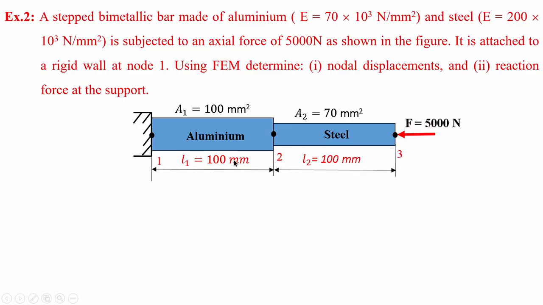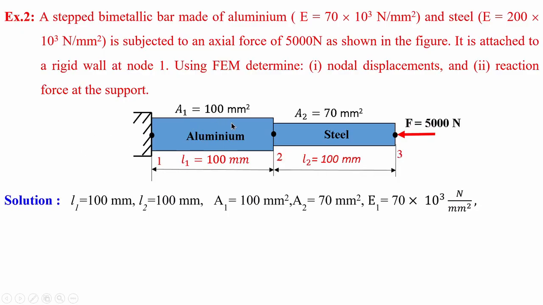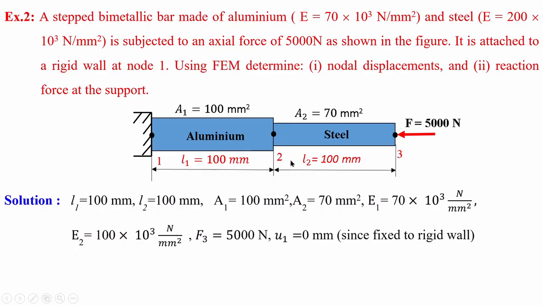So let us write the given data. We are considering aluminum as element number 1 and steel as element number 2. Length of element 1, L1, is equal to 100 mm. Length of element 2, that is steel, is equal to 100 mm. A1, area of element 1, is 100 millimeter square. Area of element 2 is equal to 70 millimeter square.